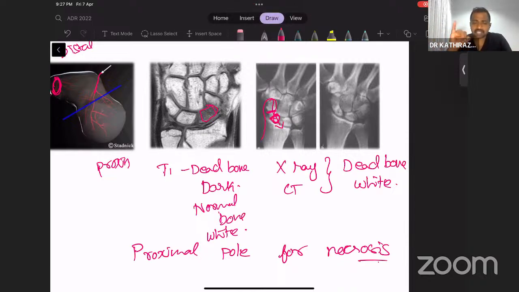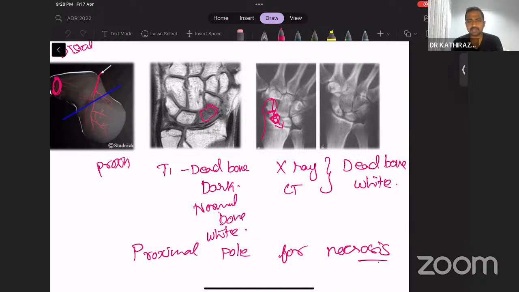So waist fractures and proximal pole fractures can cause avascular necrosis of the proximal pole. And a dead bone, any avascular bone, would look white in an X-ray and a CT. In an X-ray and CT, an osteomyelitic sequestrum looks white because it is dead. Clear? Several potential questions from these images.